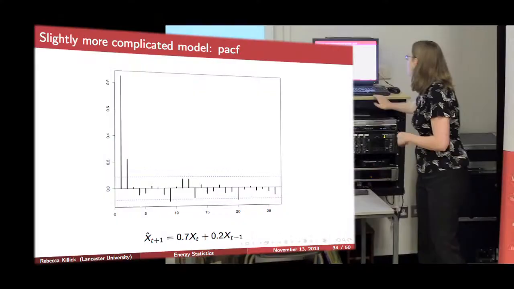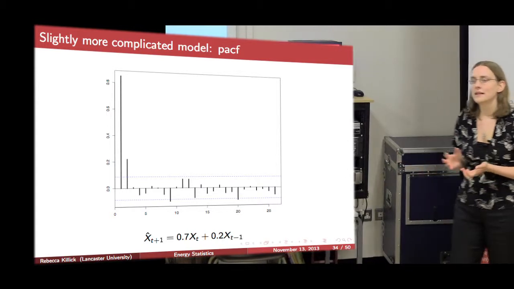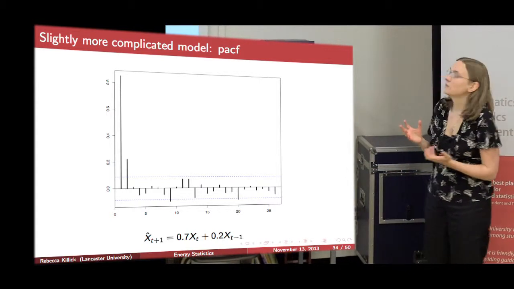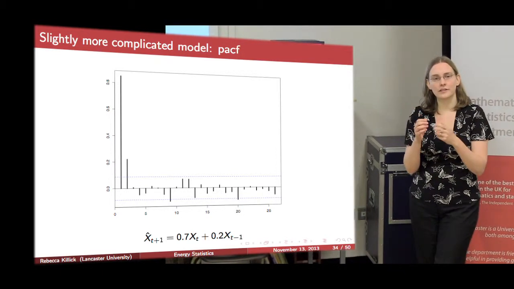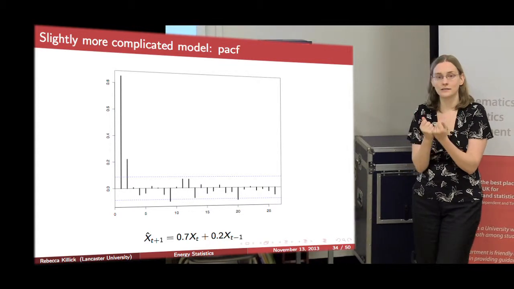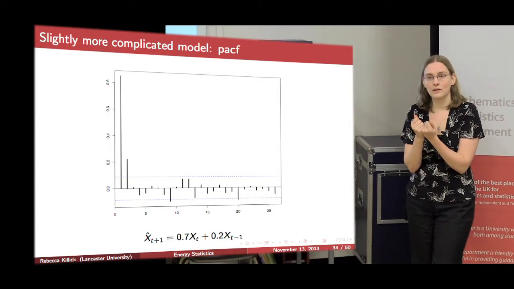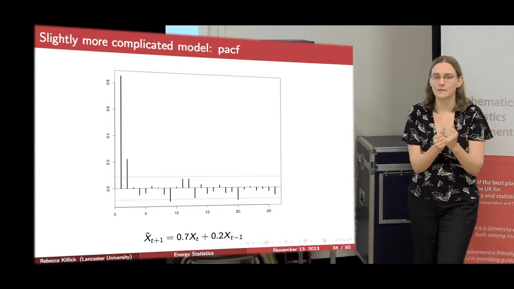Okay. And so the way that we can actually find that out in statistics is using a function called the partial autocorrelation function. And that basically looks at, instead of the correlation between one time series and another, so how alike they are at any time point, what we're actually doing is saying how alike is it to itself. Okay?